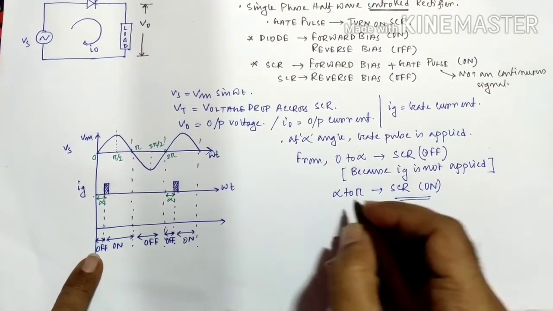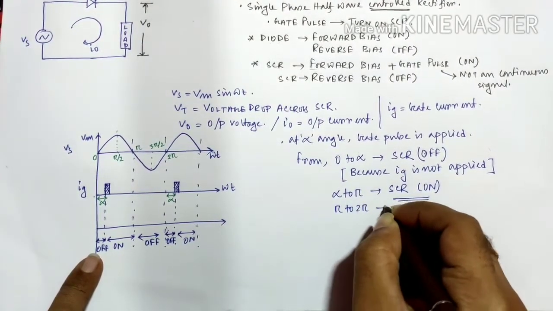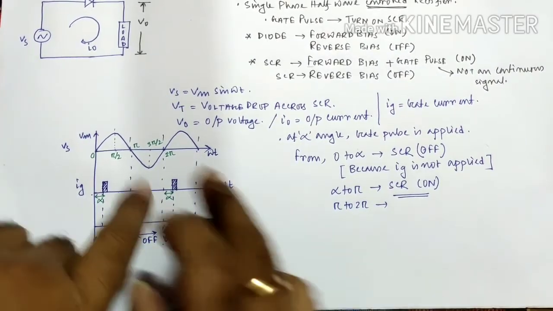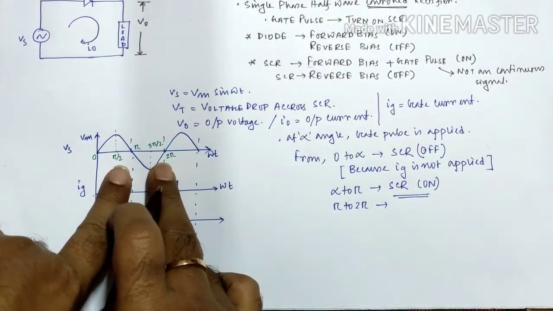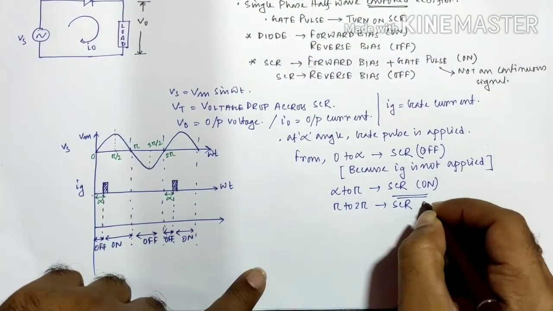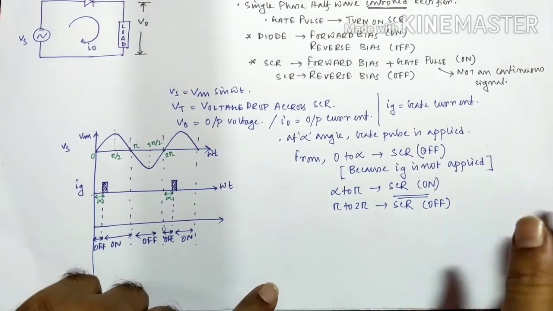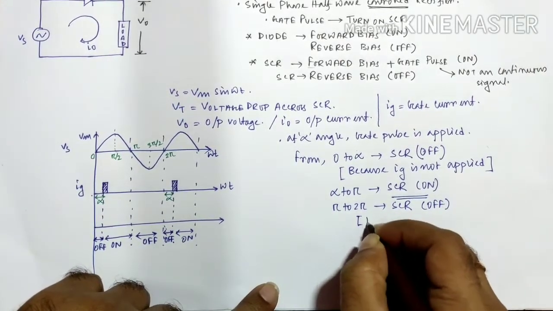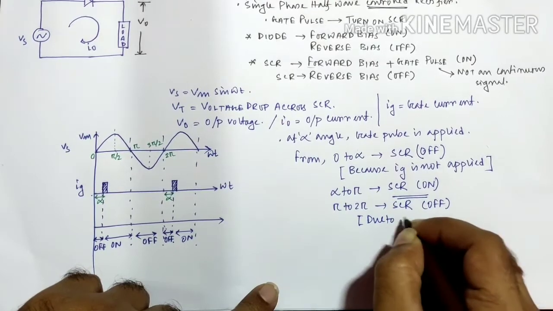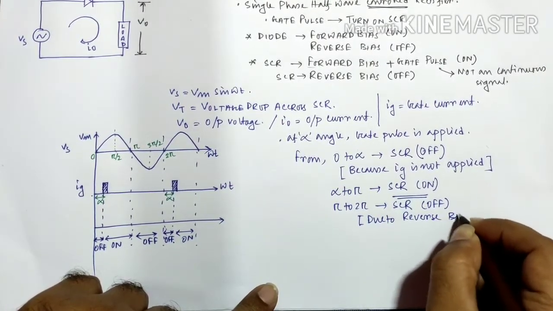Now what will happen after that? From pi to 2 pi, the biasing is reverse, the polarity is reverse. So SCR will be off. Why? Due to reverse bias.